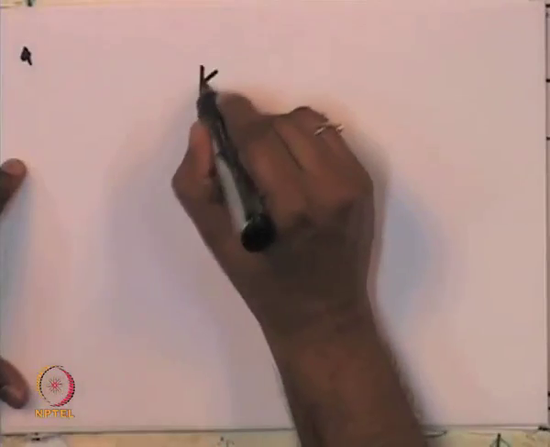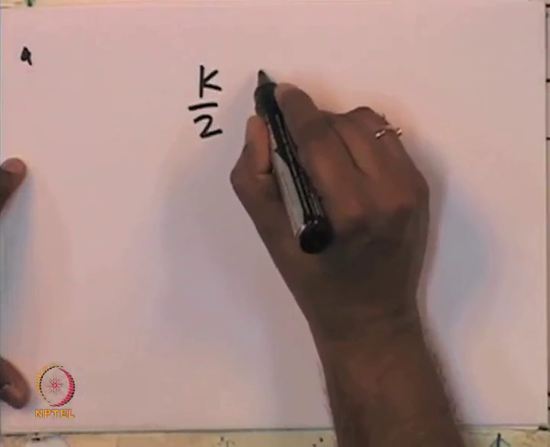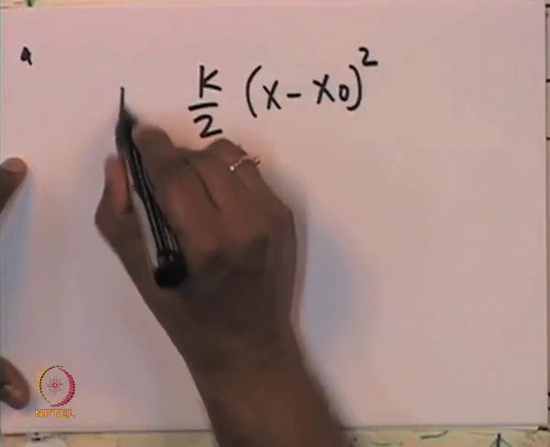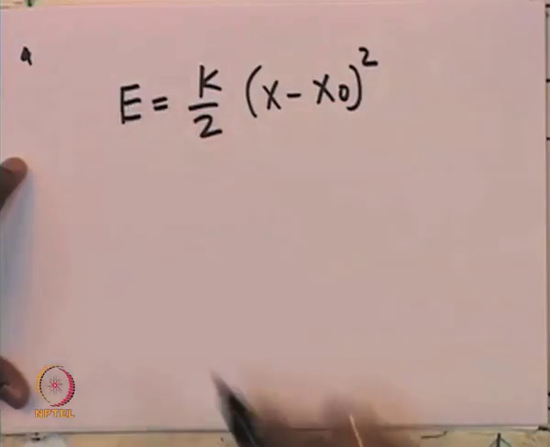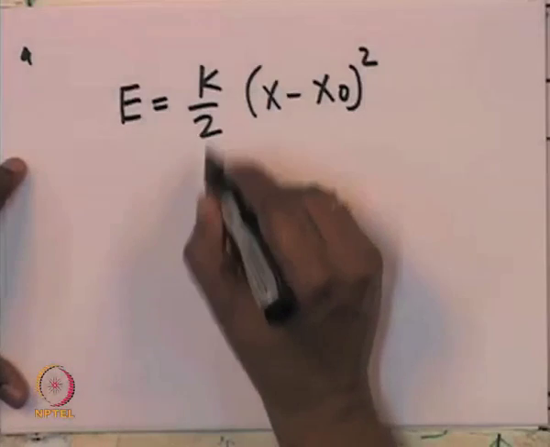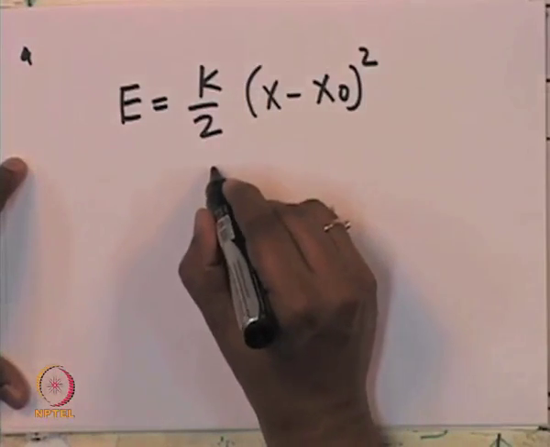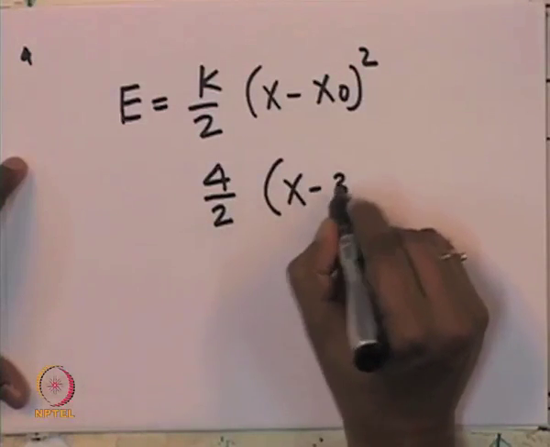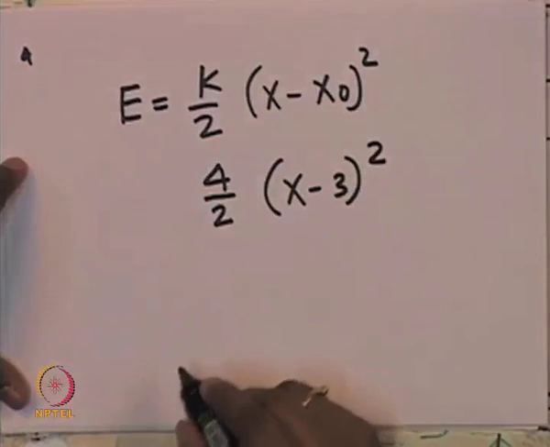So, what we have here is, as we have written, k by 2 into x minus x 0 whole square was the energy. Now, in this example, we have k by 2 equal to 2. So, k is 4. So, 4 by 2 into x minus 3 whole square.